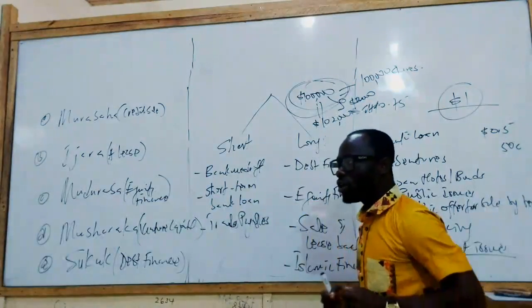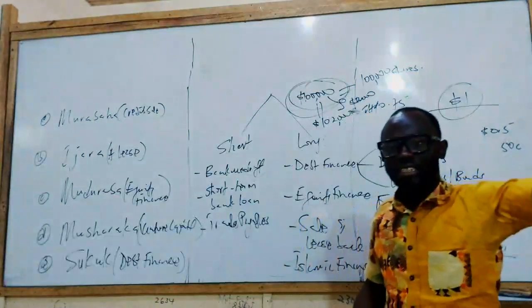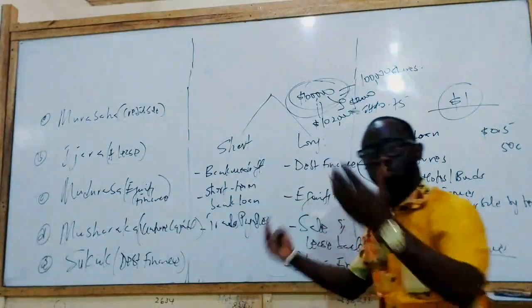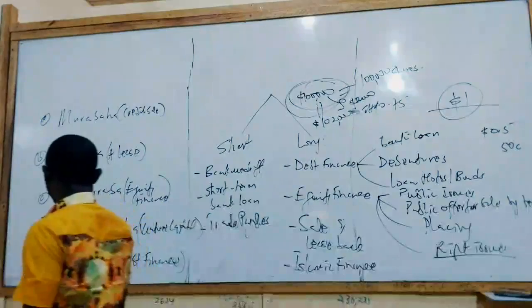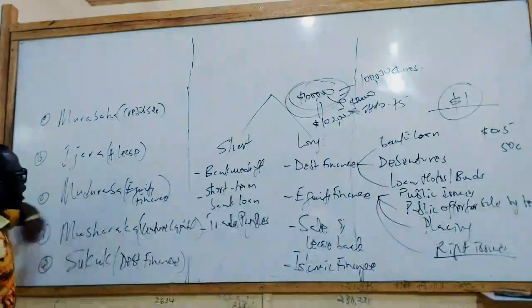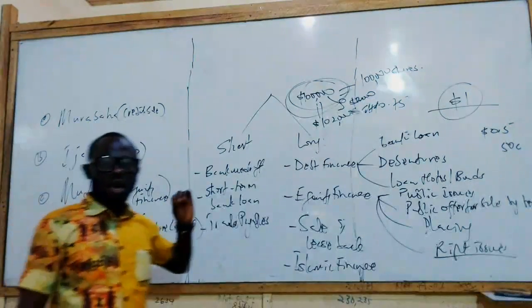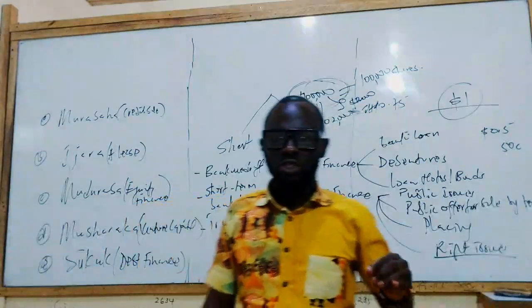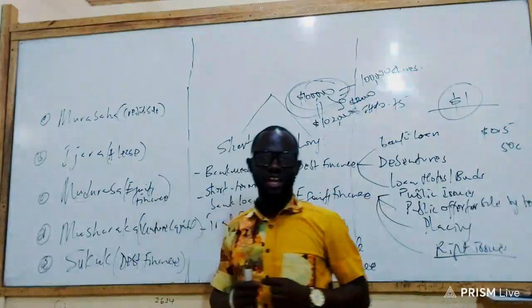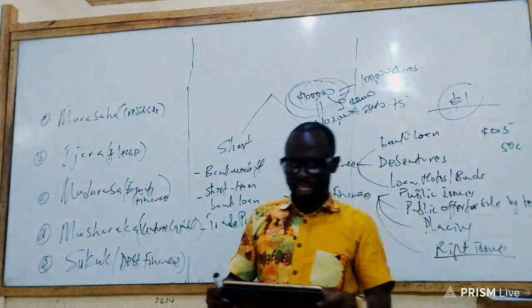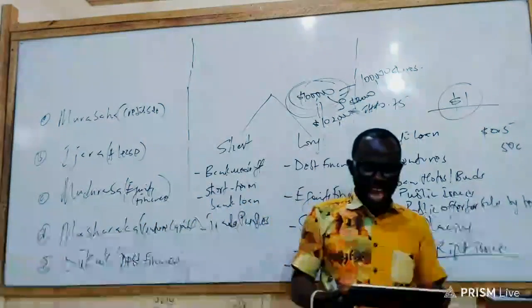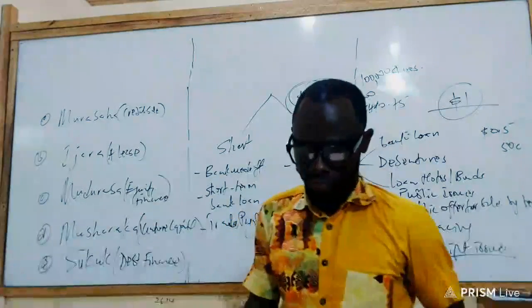So that we don't go for money to buy the asset, we can still use an asset over a given period of time. Then we come to the third instrument, and that is mudaraba. Mudaraba is synonymous with what is called equity finance. Now, what do we mean by mudaraba? This is similar to equity finance or a special kind of partnership.